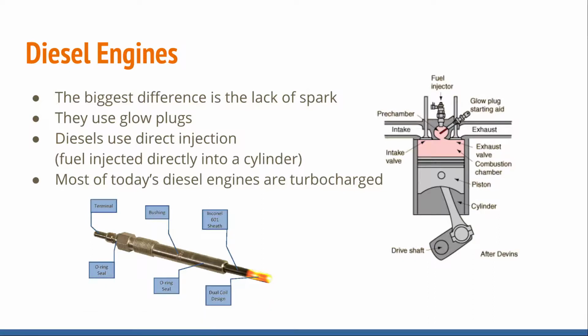As soon as that piston comes up with the air fuel mixture, it gets to a point where there's so much compression that it ignites, and it starts with igniting right by the tip of that glow plug. The glow plugs also are really important for getting a diesel engine to start when it's cold.